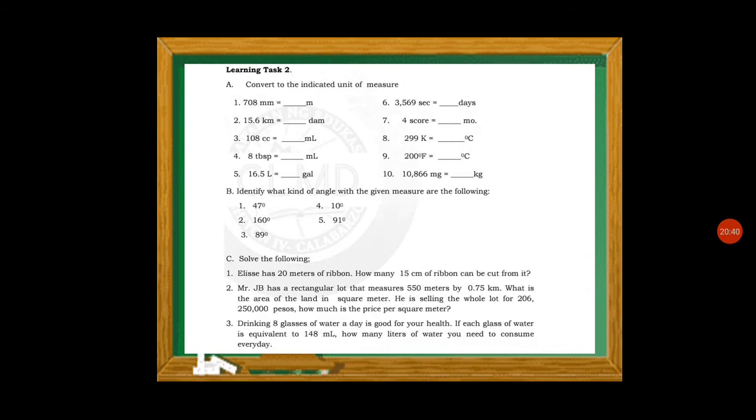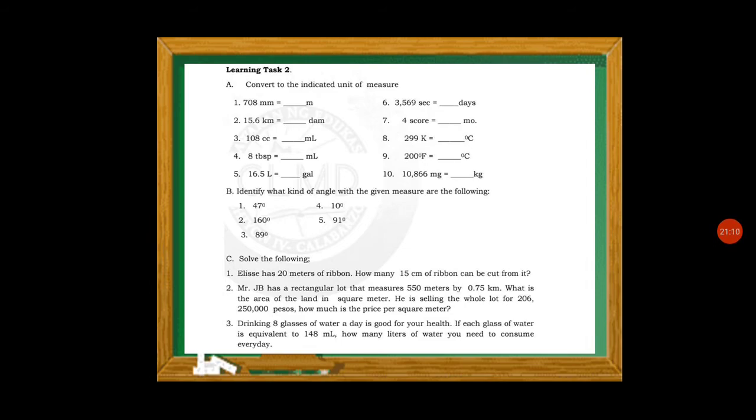Next, for number 3, drinking 8 glasses of water a day is good for your health. If each glass of water is equivalent to 148 ml or milliliters, how many liters of water do you need to consume every day? So you take 148 milliliters times 8, because 148 milliliters is only equal to 1 glass.